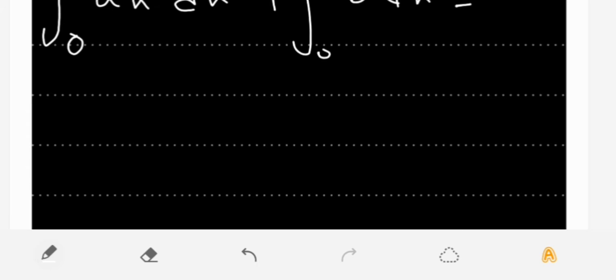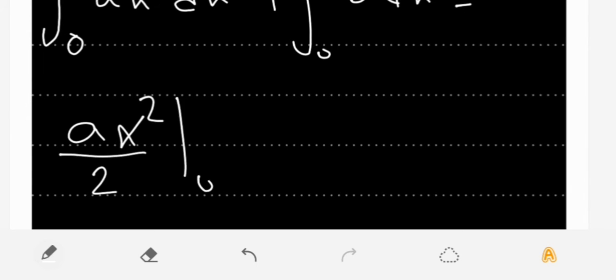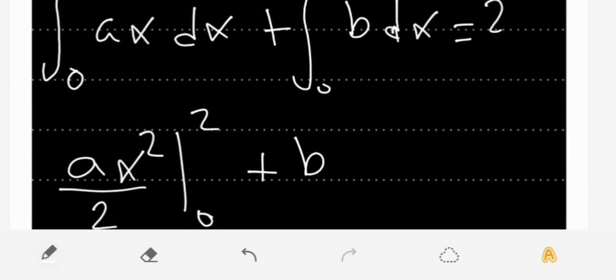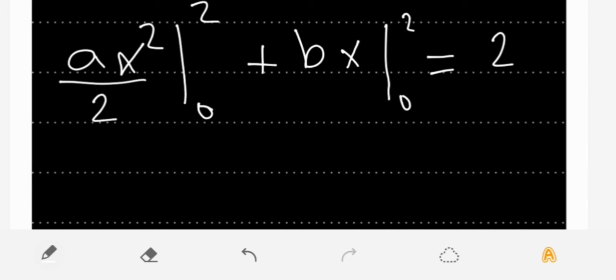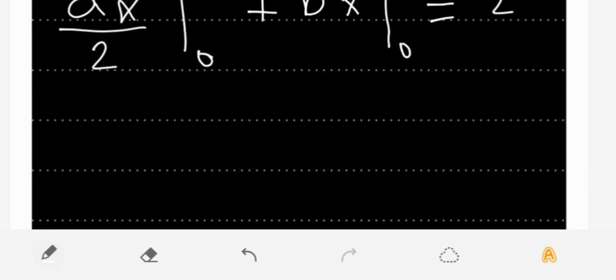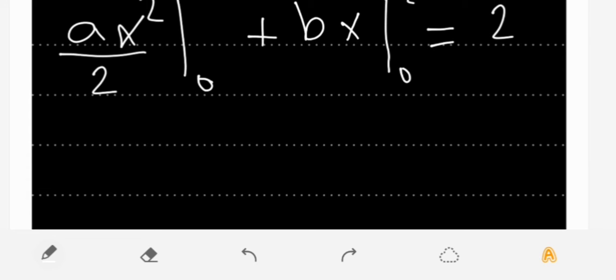So the integral of ax is a multiplied by x squared divided by 2 from 0 to 2, plus b. The integral of b, well, b is a number, so it's bx from 0 to 2, is equal to 2. We are lucky, or was it planned in the question, that we have 0 here, so it is much easier. So x is 2: 2 squared is 4, divided by 2 is 2.